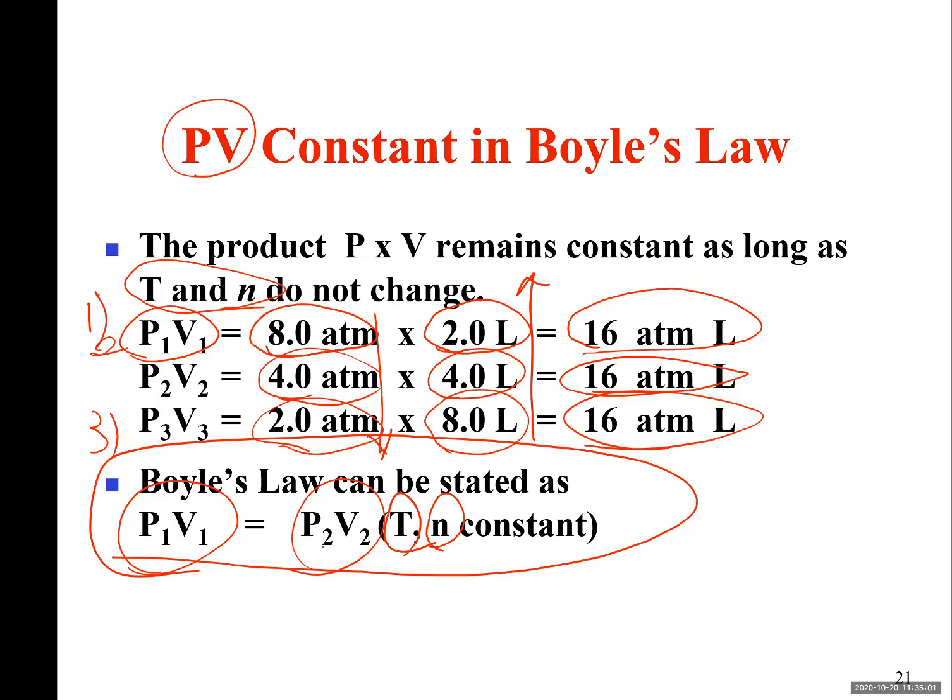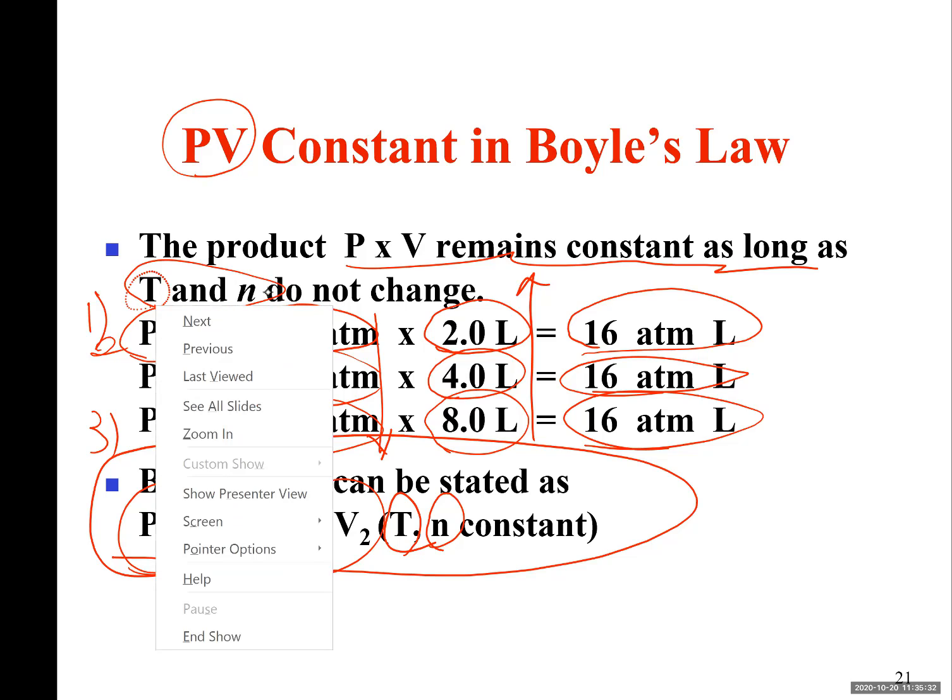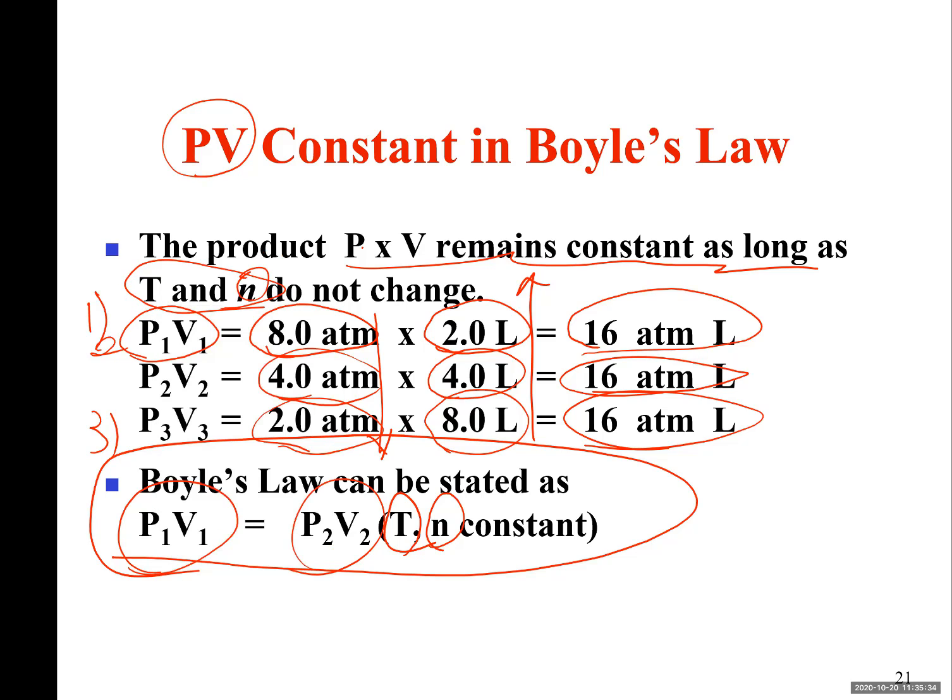We use this formula in solving and predicting the new volume if we change the pressure, or the new pressure if we change the volume. Again, under a condition where amount of the gas and temperature is not changed. It says the product of PV remains constant as long as absolute temperature and amount of the gas, the number of moles, remain the same.